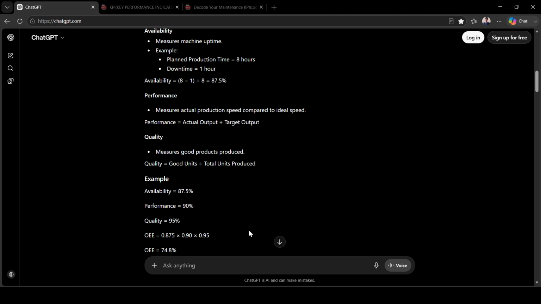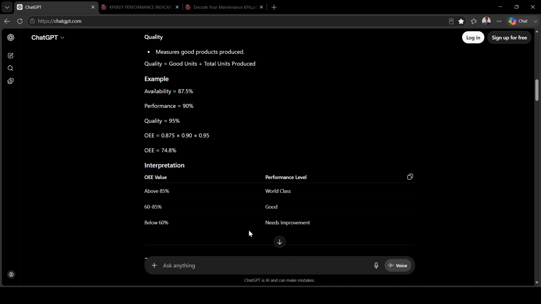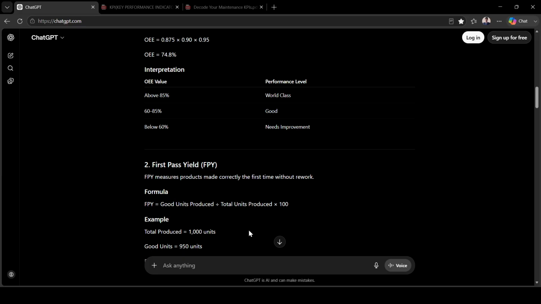So overall OEE equals 0.87 times 0.90 times 0.95, which comes to 74.8%. Interpretation of the OEE value: if your OEE is above 85%, it is world class; 60 to 85% is good; below 60% needs improvement.